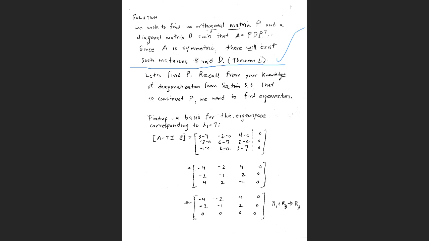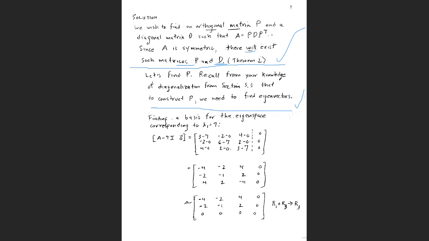A is a symmetric matrix, so by theorem 2, there will exist such matrices P and D. So we're going to find the matrix P. To construct P, we have to find the eigenvectors.